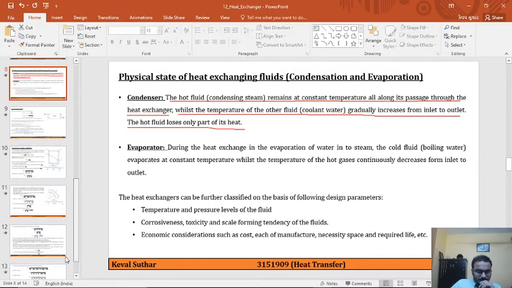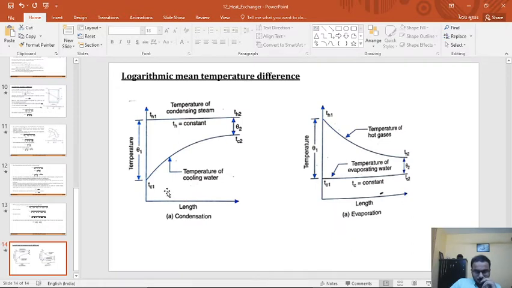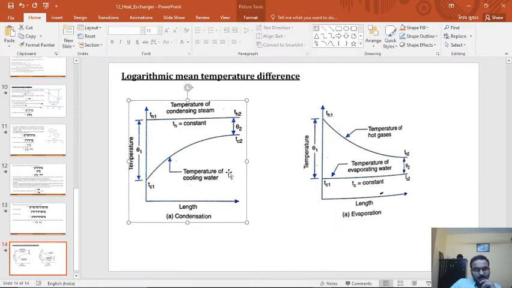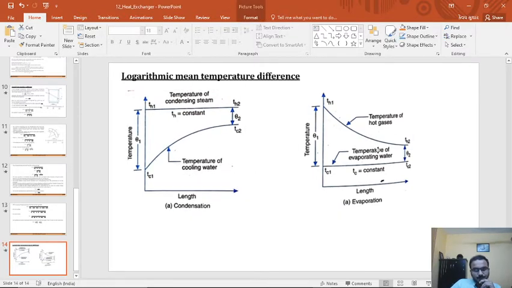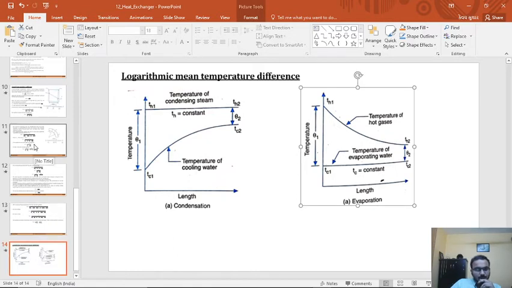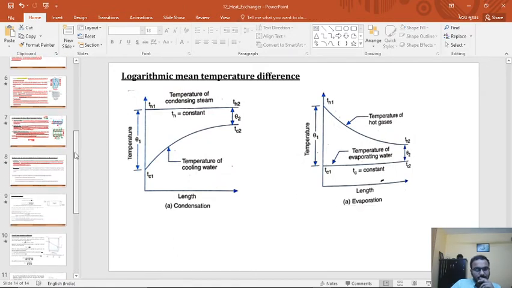To explain this part, here this is the condenser portion. For convenience, let me copy that text over here.